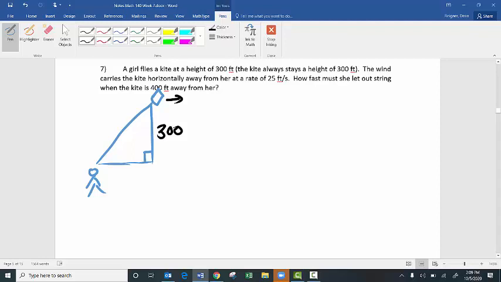The wind carries the kite horizontally away from her at a rate of 25 feet per second, all right? So this x value is going to get bigger as the kite goes out. It says, how fast must she let out string when the kite is 400 feet away from her? So how fast must she let out string?